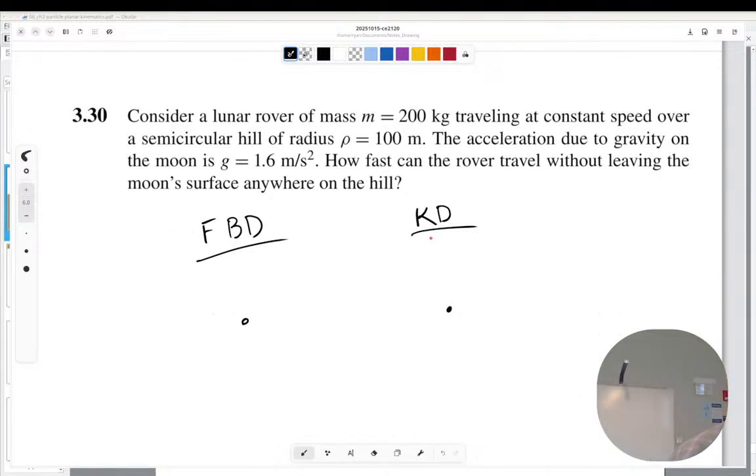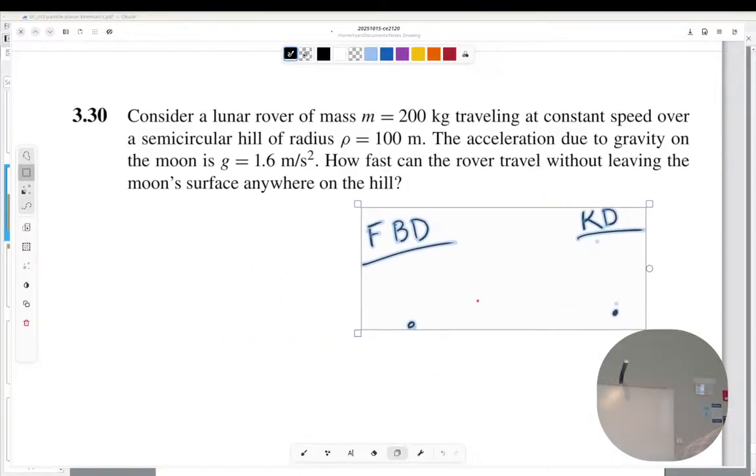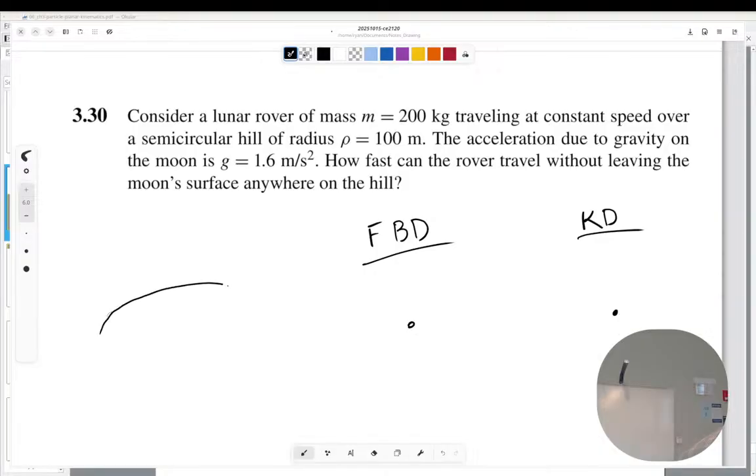All right, so I saw this part I liked. Some people, before they drew the free body diagram, thought, let me figure out what this rover looks like as we're going up and over the hill.